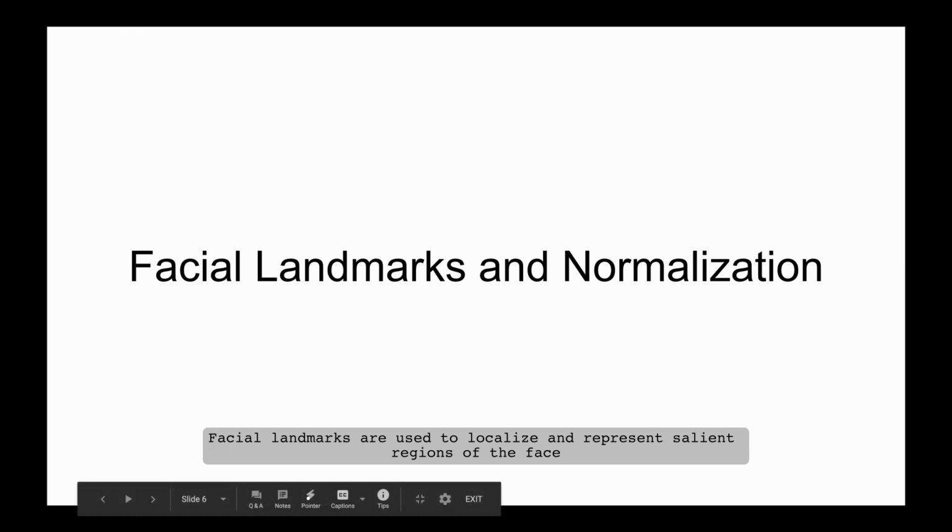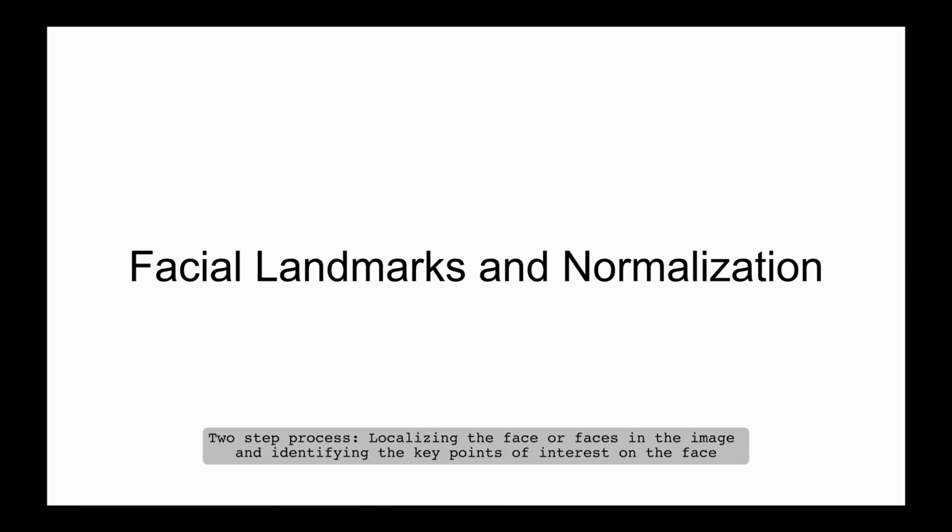Detecting these facial landmarks is a two-step process. The first is localizing the face in the image, and the second step is extracting these key facial structures on the face ROI, that is the region of interest.